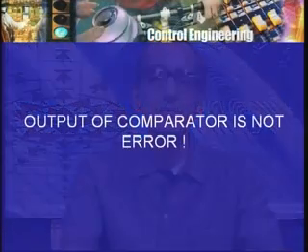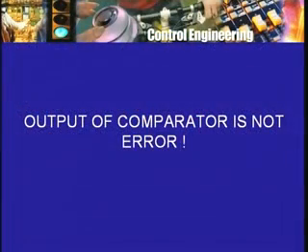This distinction between unity and non-unity feedback, about which a lot of fuss is made, and this idea that the system is driven by the error on the one hand, and that signal E, when the drive is running at the correct speed, is an error signal. This is where the mistake lies. When the drive is running at the correct speed, that signal E, the output of the comparator, is not 0, but that is not the error in the system.